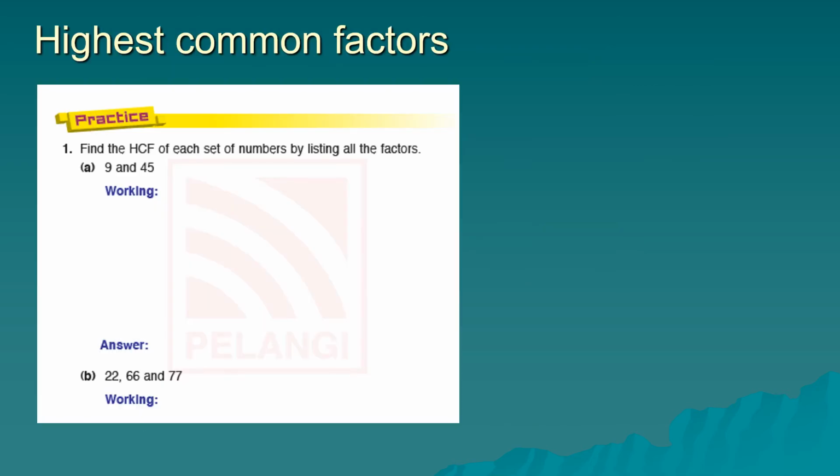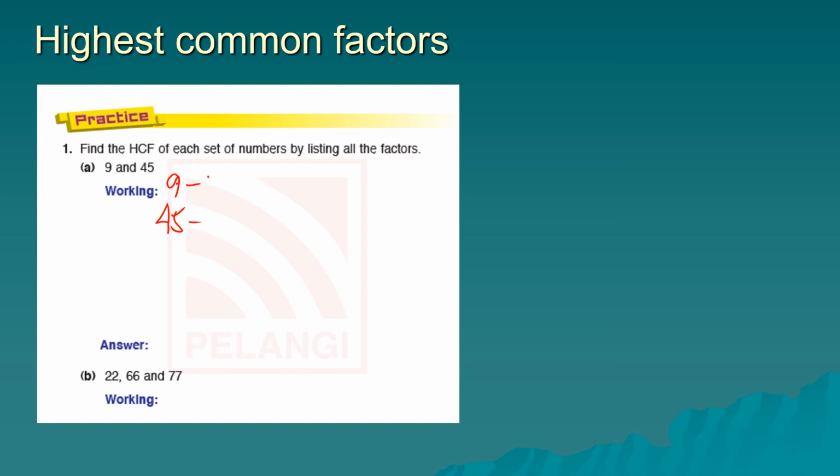Okay, this time let's try the practice from your book. So we have here number 1. It says, find the highest common factor of each set of numbers by listing all the factors. Let's list all the factors for 9 and 45. So let's write down all the numbers that can divide 9 and 45.